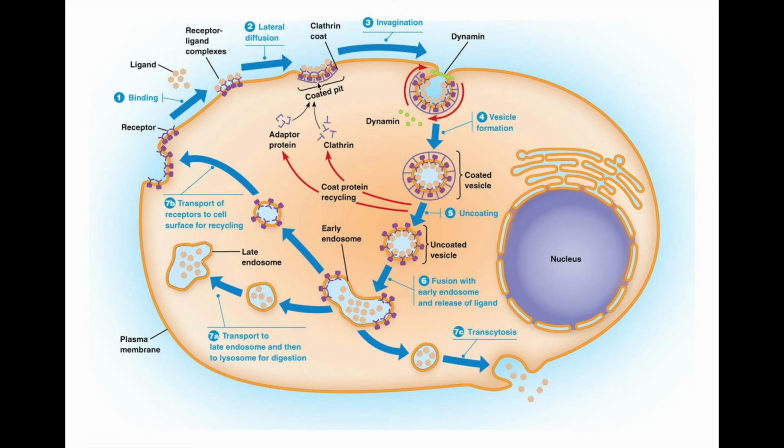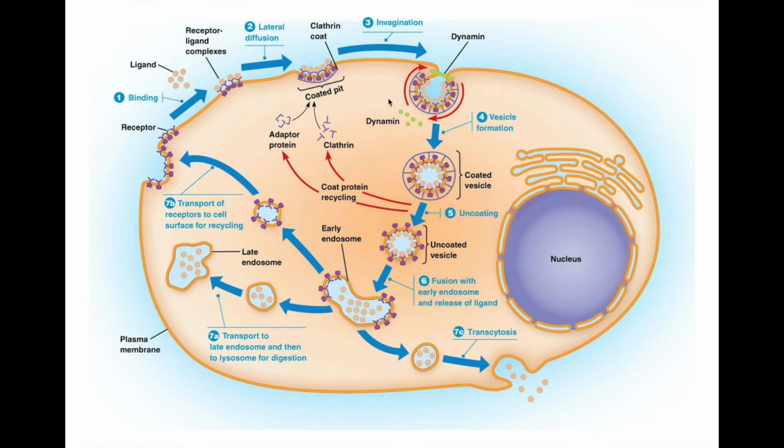This is a depression in the membrane that's eventually going to become a vesicle. On the inside side of the membrane, there are units of protein that are going to coat this vesicle, and by polymerizing around this pit, they help to form the vesicle.